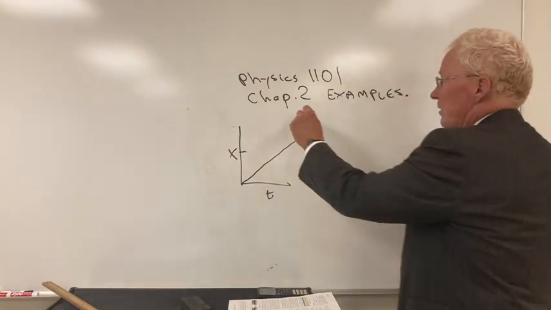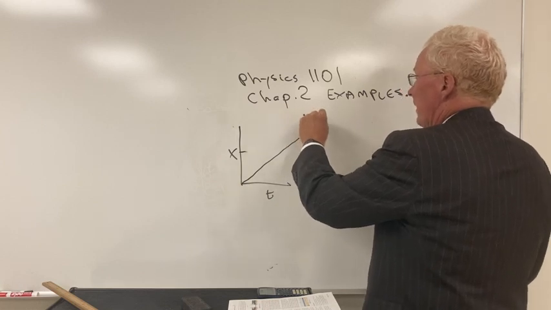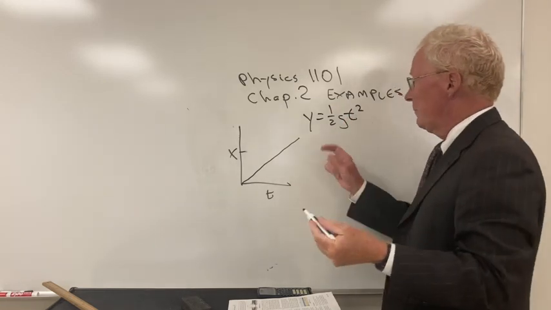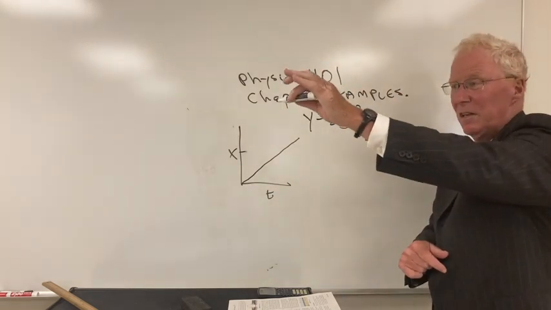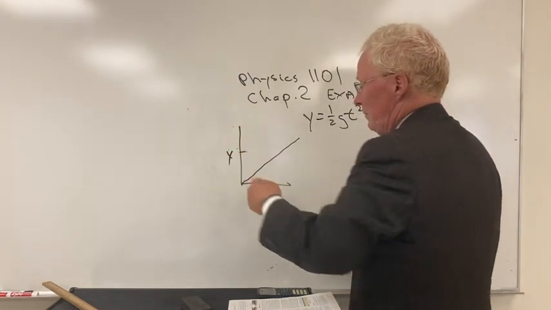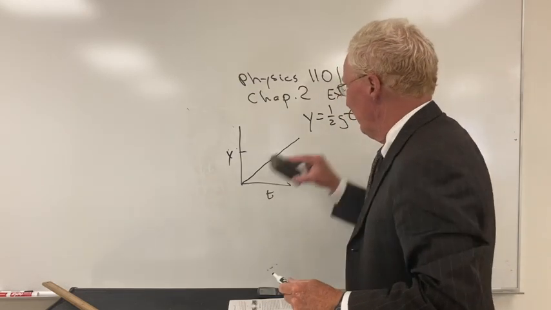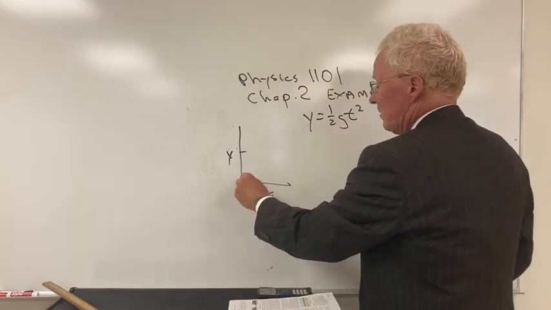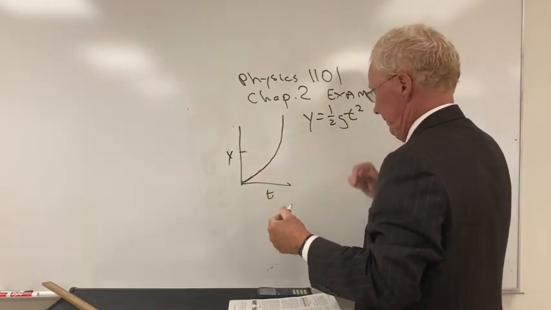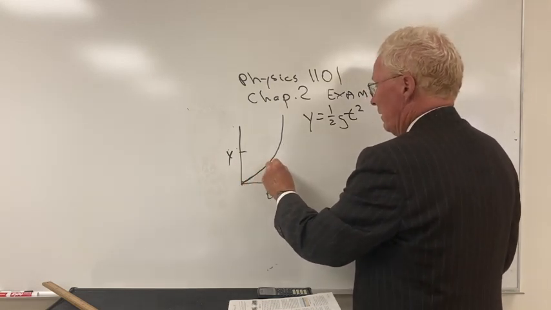Remember, acceleration. If it's falling, we can use y is 1/2 gt squared, so it goes as the square of the time. We just drop it from rest, start from 0. If we plot y instead of x, doesn't matter, but then what you're going to have there is a graph doing that, all right? So that's the parabola.